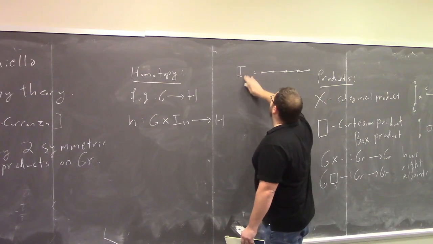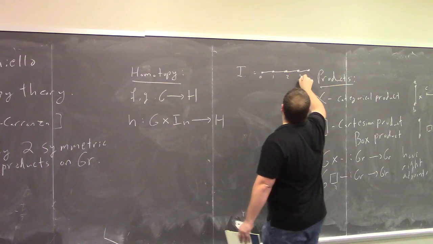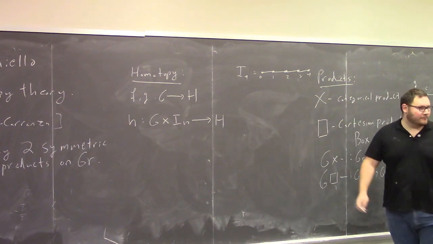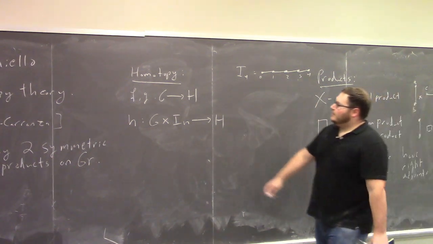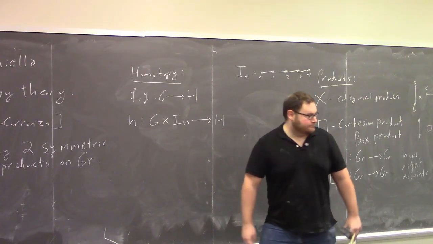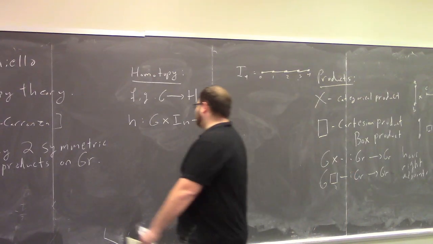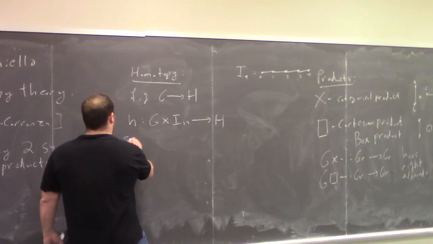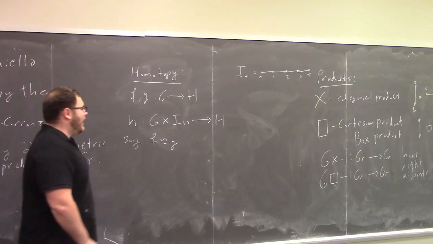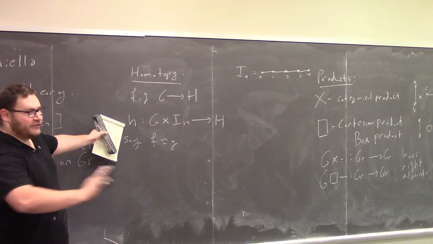Okay, so I have, let's say, 0, 1, 2, 3, 4. This is I_4. Okay, so it has 4 edges. So that means I have a notion of homotopy for every n. Okay? So say they're homotopic if there's a homotopy for some n.